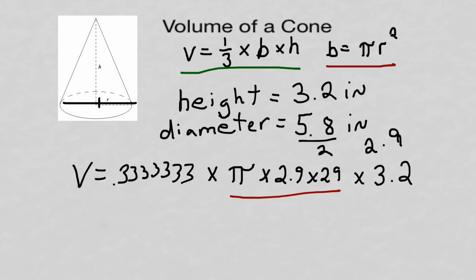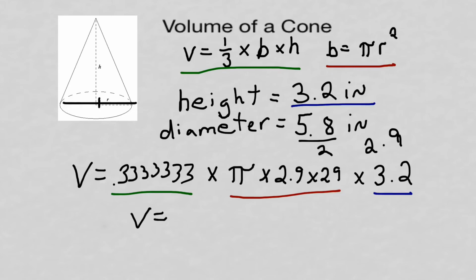Let me color this in real quick. There's the 1/3. There's the height. Okay, you got everything. It's in a straight row. You enter this in your calculator, hit enter, you've got the correct answer.